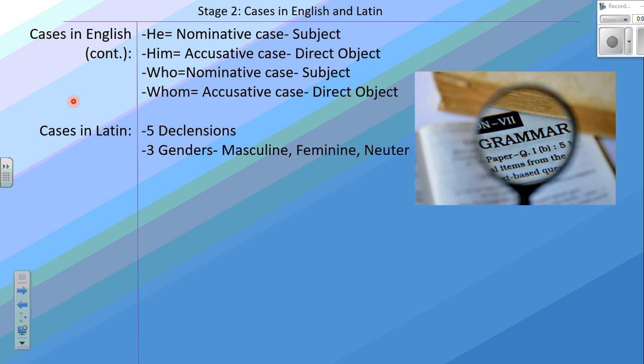There's 3 genders, masculine, feminine, and neuter. Genders are really just ways to grammatically group nouns within a declension. It's a way of saying, hey, some of these nouns, they all clearly belong together because they use most of the same endings, but some of them are a little bit different. So when that happens, we say, well, this set is masculine, this set's feminine, and this set's neuter.